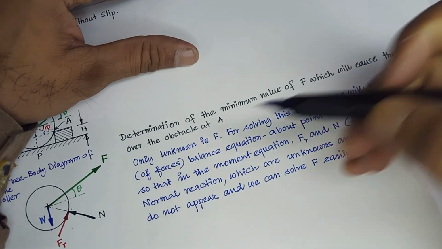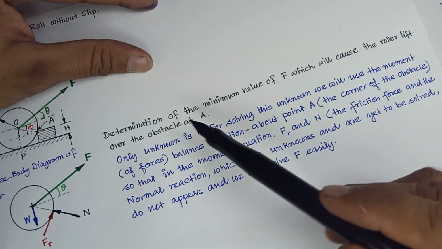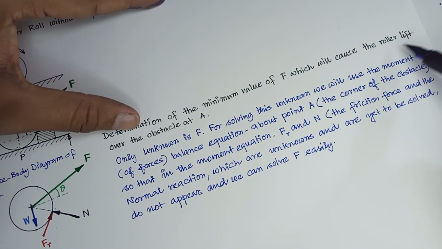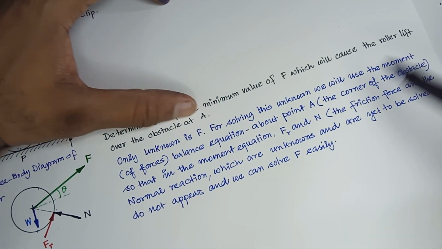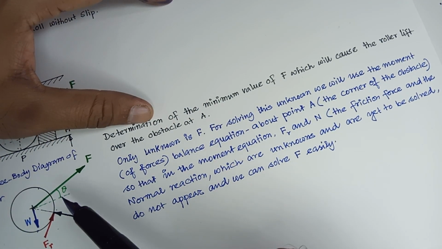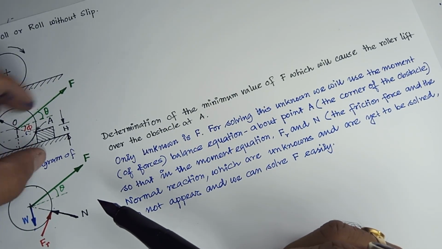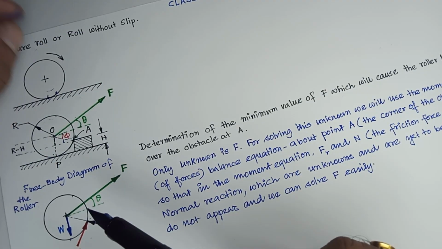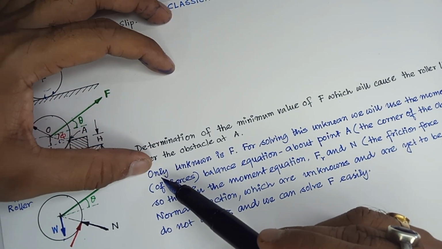Okay, now let us try to understand what we want to do. Determination of the minimum value of F, which will cause the roller to lift over the obstacle at point A. That means this force will cause it to tip over, that means it will roll over this. Okay, next, here try to diagnose the problem.